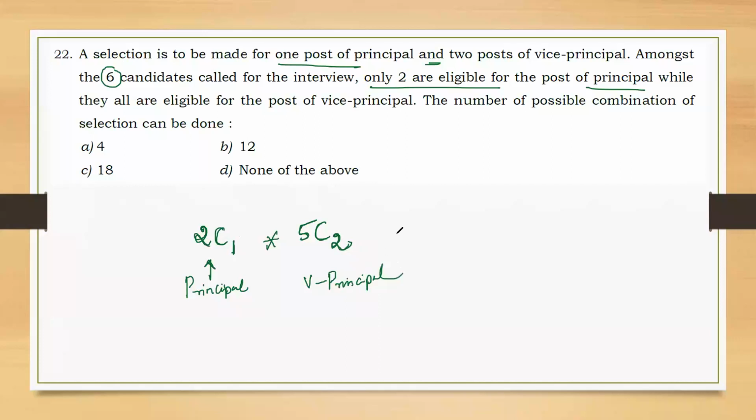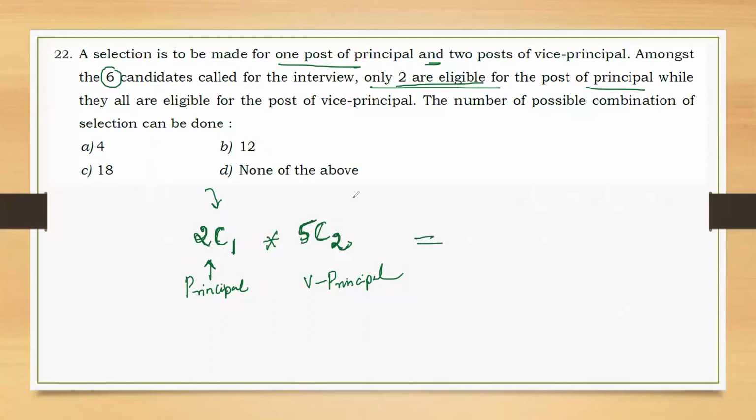First we are going to select 1 principal, right? So out of 2 eligible candidates, we are going to select 1. So 2C1. After selecting the principal, the remaining candidates will go for the post of vice principal, right? So out of 6, 1 is selected for principal. The remaining 5, we're going to select 2 candidates, 5C2.